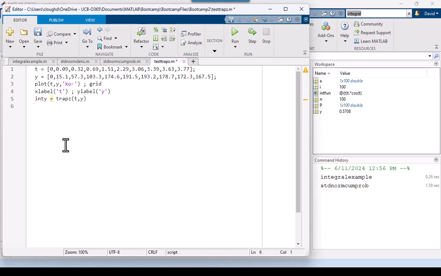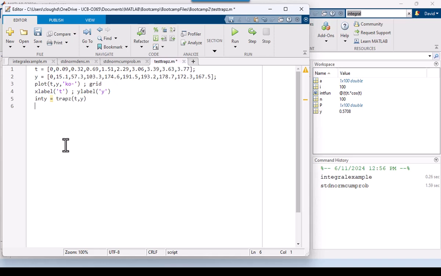And the simple function that MATLAB presents, in fact, it's simple enough that we could program it ourselves, is to add up the areas of the trapezoids which occur under adjacent pairs of the data. And that's what the trapz function does.